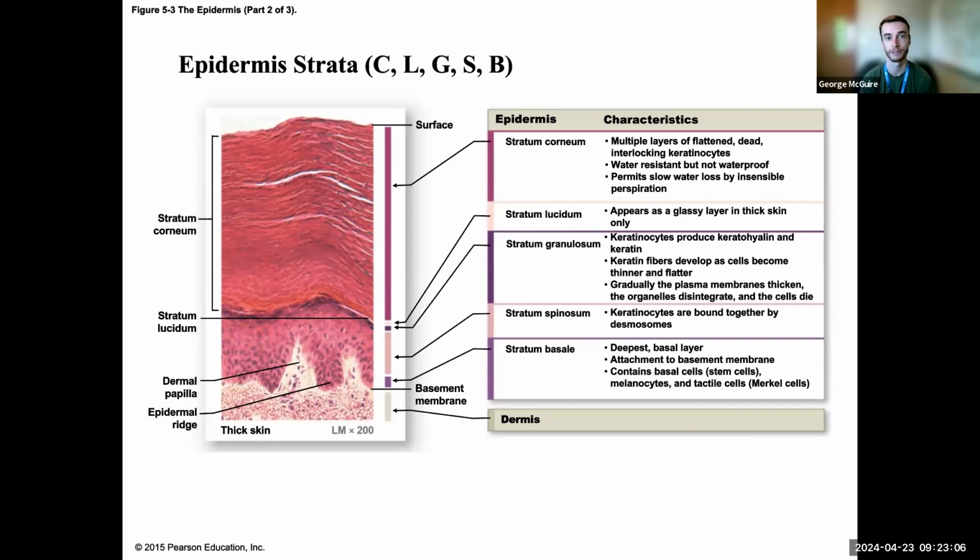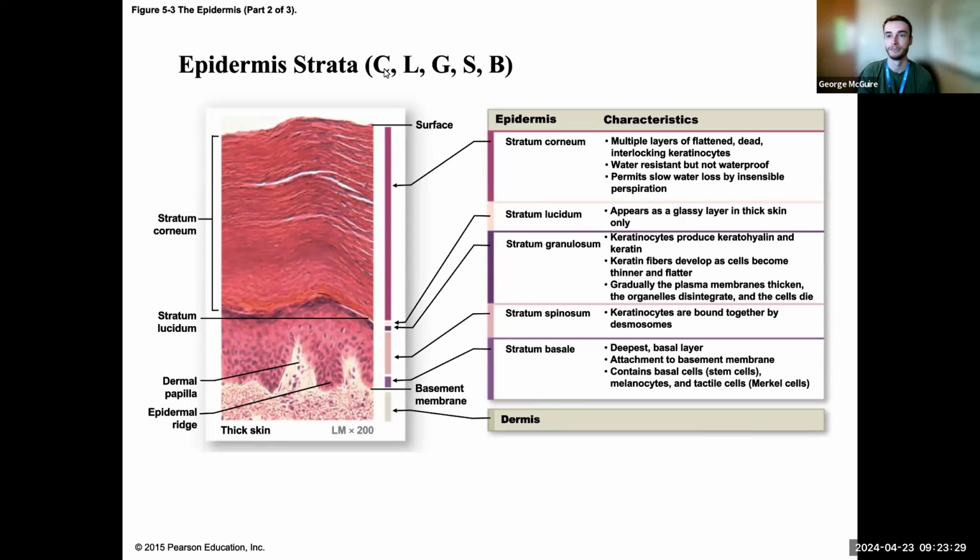So just like how we can have stratified tissue, right, the organization of that tissue itself can be separated into its layers. So from the most superficial, moving towards the base, we have the stratum corneum, stratum lucidum, stratum granulosum, stratum spinosum, and stratum basale.